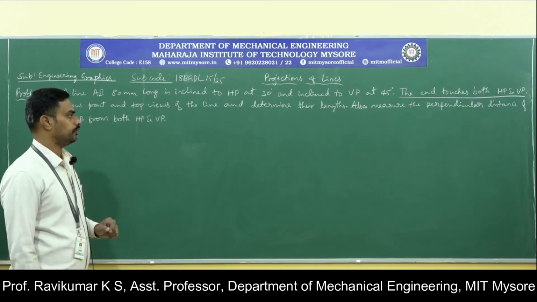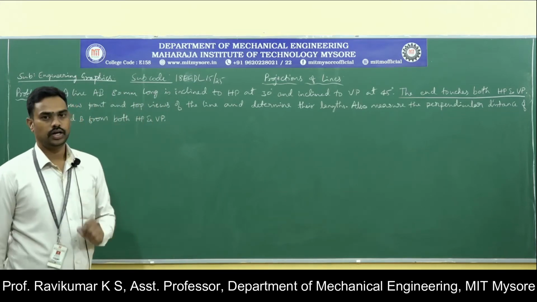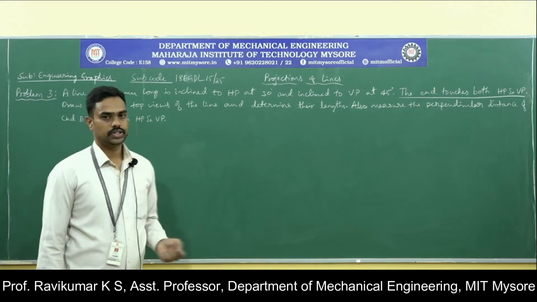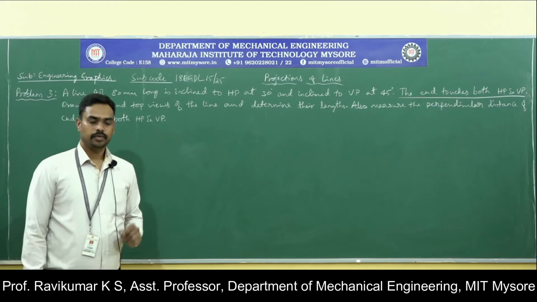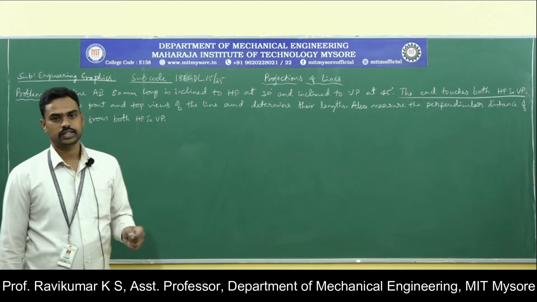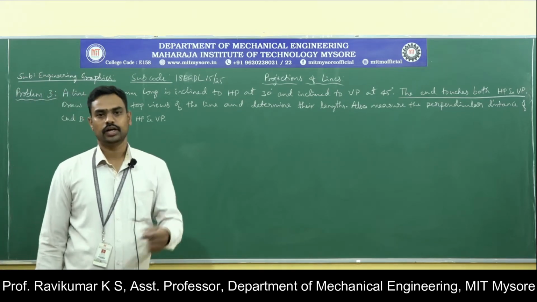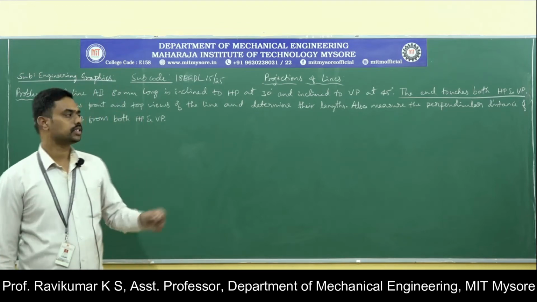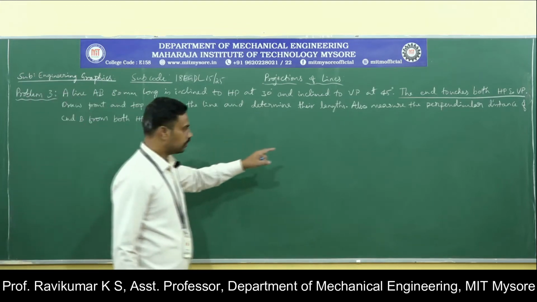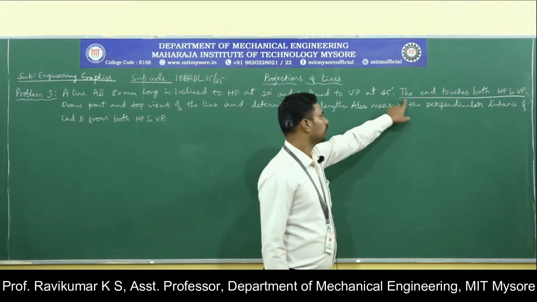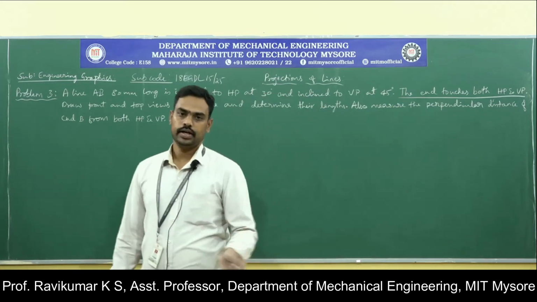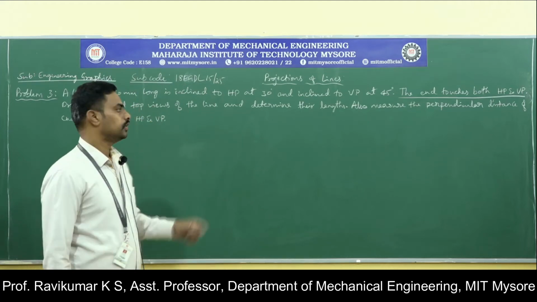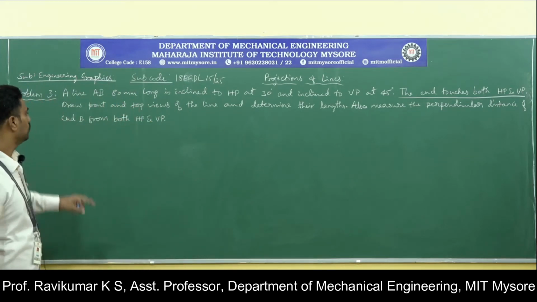This information is not given in the solution book, which is also called the primer, but the university VTU has sent the errata where the correction is noted. This one, the end touches both HP and VP.